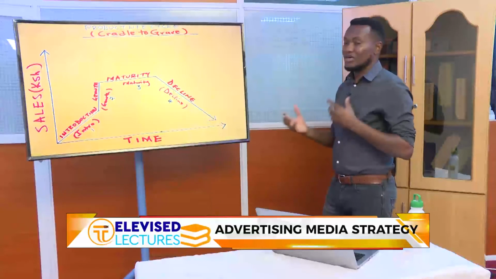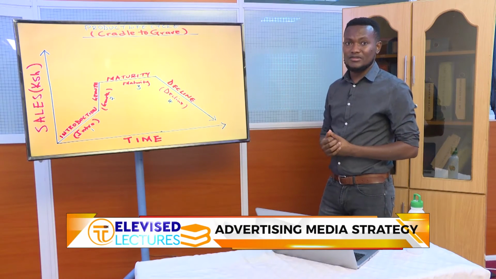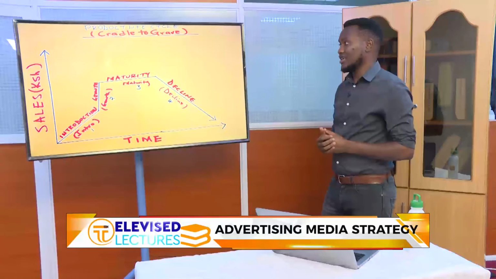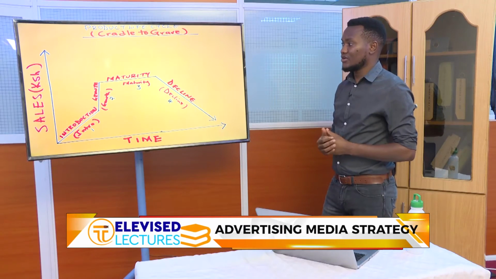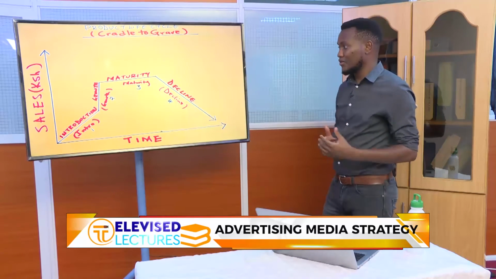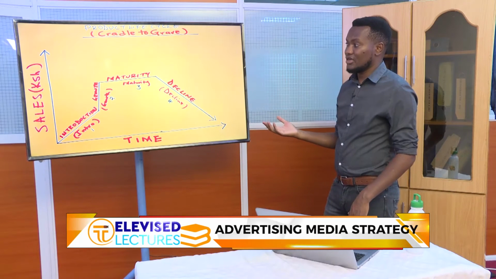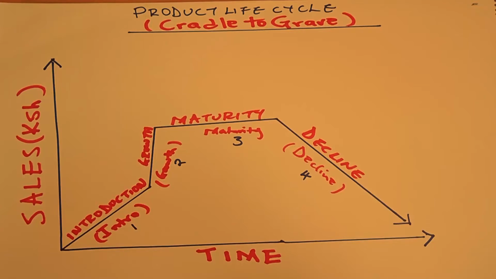And you can think about many products in the Kenyan market, or even in the global market, that we can say have entered the maturity stage. I can shift examples from cars and probably now talk about something like phones, for instance. You think about new phones that are always being introduced, new brands of phones that are always being introduced in the market.